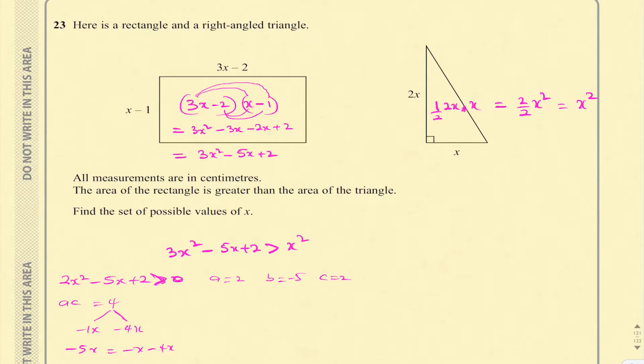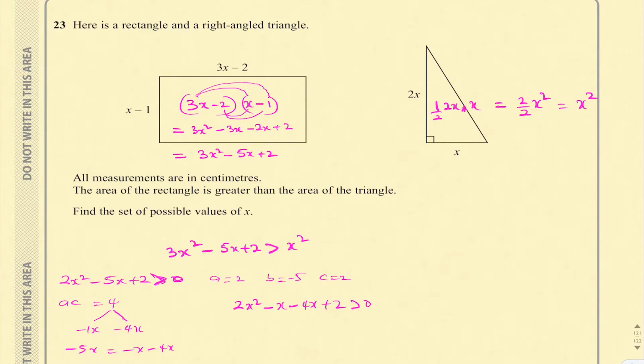And therefore, in solving this, it will be 2x squared minus x minus 4x plus 2, and that's greater than 0.